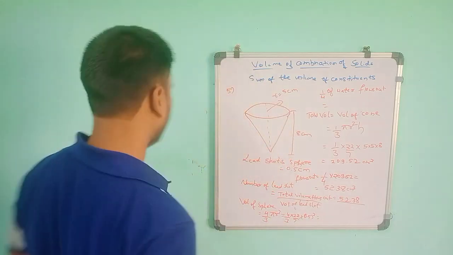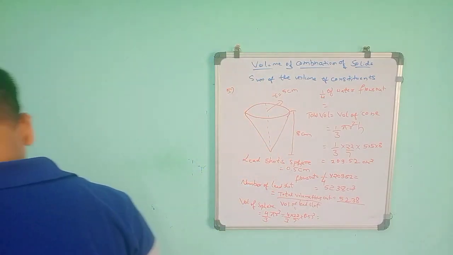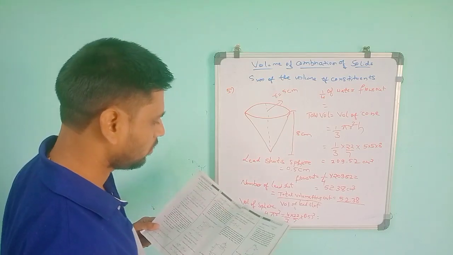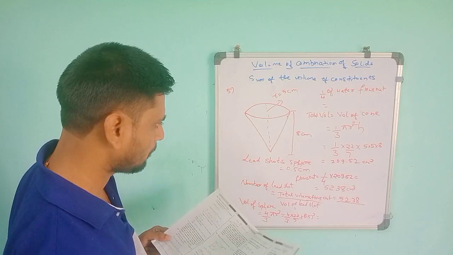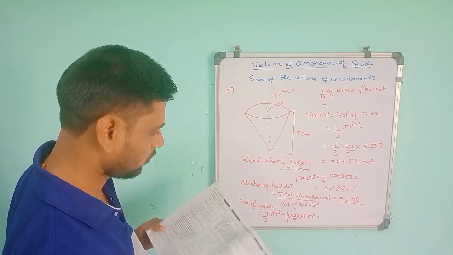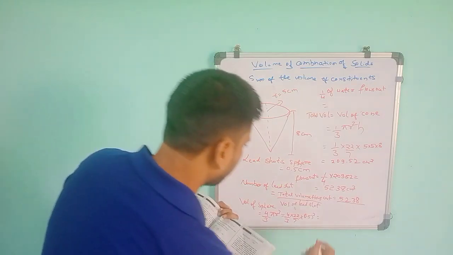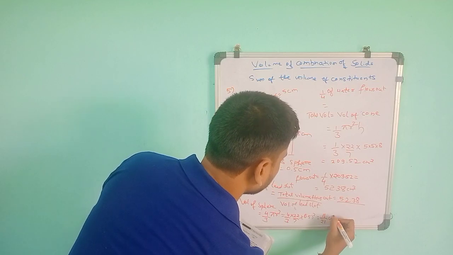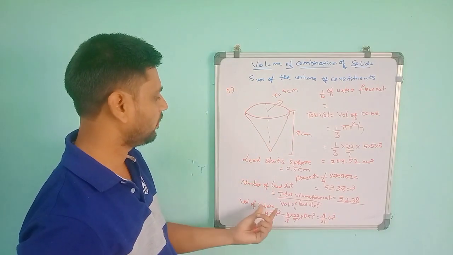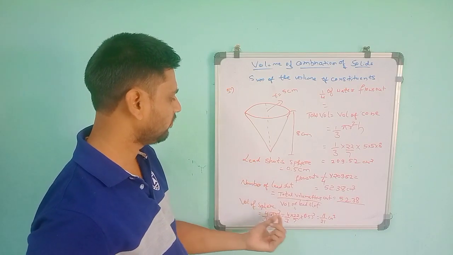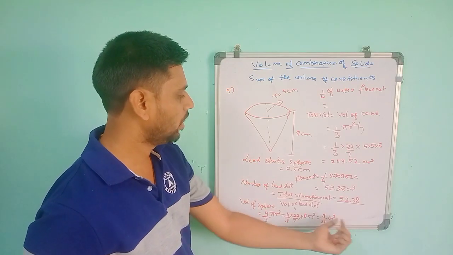Then this will give you 11 by 21 centimeter cube. So we got the volume of the sphere that is the lead shot.